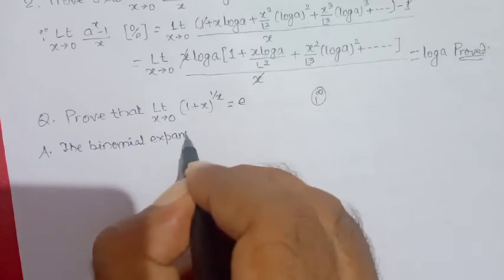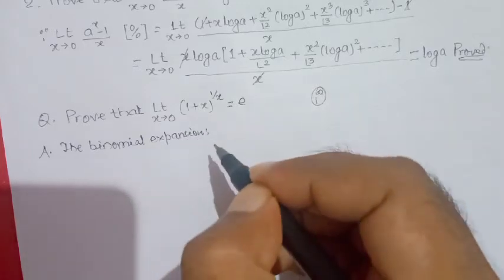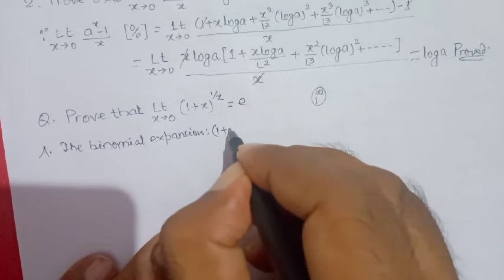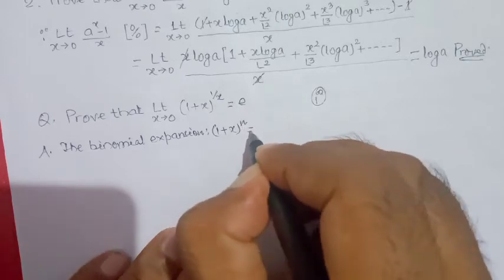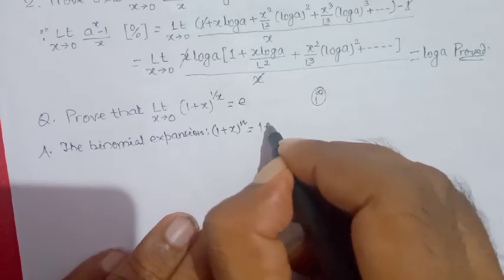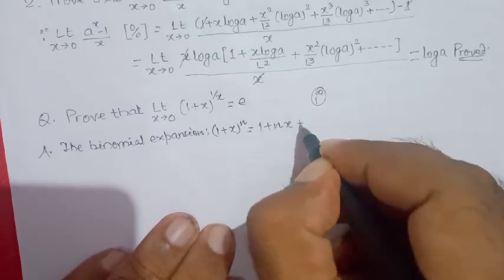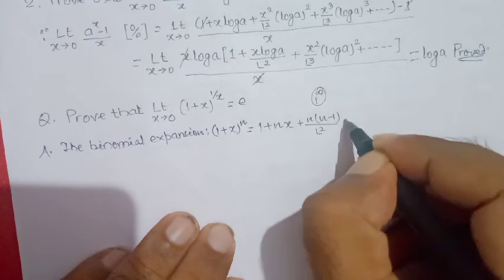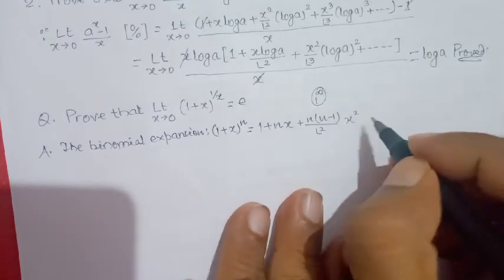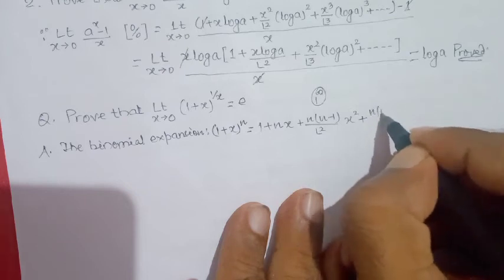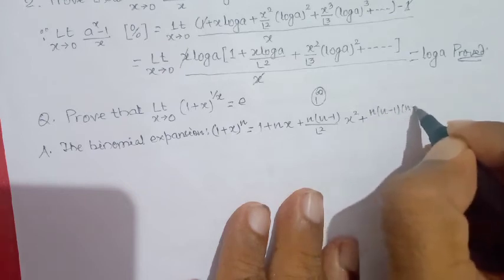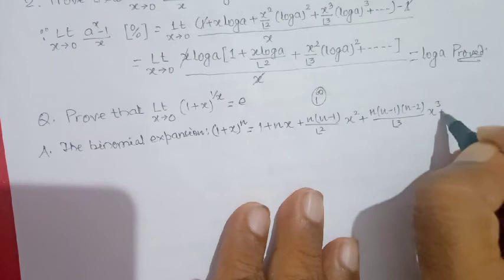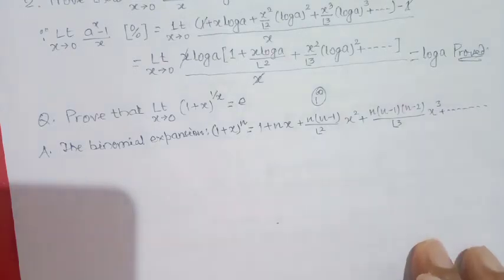I am just recalling for you, the binomial expansion is (1 plus x) whole to the power n is equal to 1 plus nx plus n into n minus 1 by factorial 2 x square plus n into n minus 1 into n minus 2 by factorial 3 x cube plus higher powers of x, that means x to the power 4.